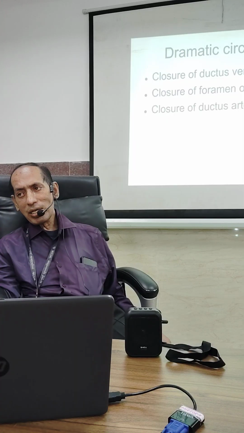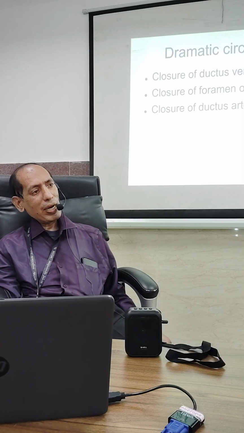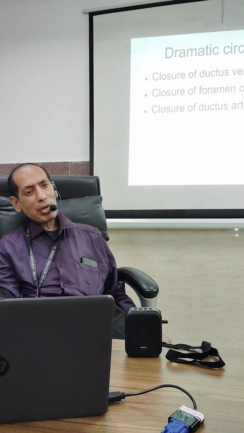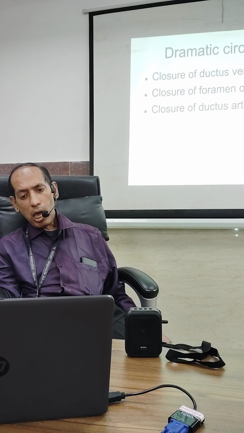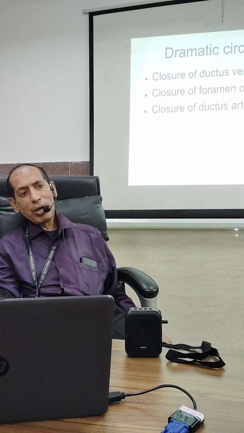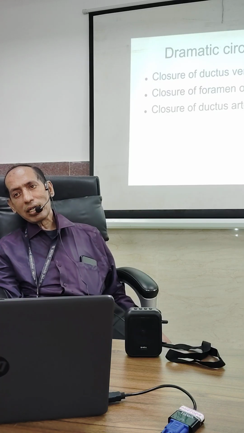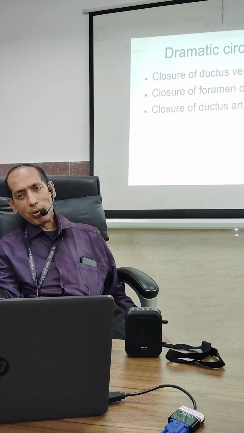As long as the oxygen saturation is 80, the ductus arteriosus remains patent. The moment the saturation becomes 100, the tunica media will go into spasm. That causes the closure of the ductus arteriosus. This closure is temporary, but eventually it will become a fibrous cord at around 3 weeks of age. That is called the ligamentum arteriosum.